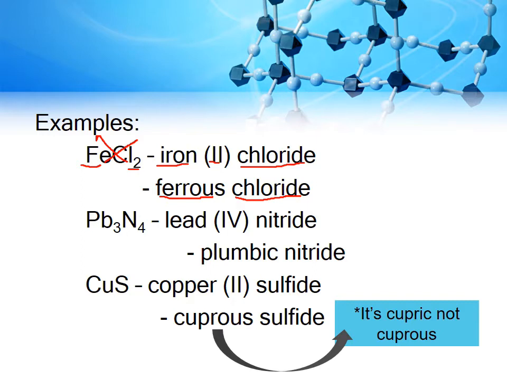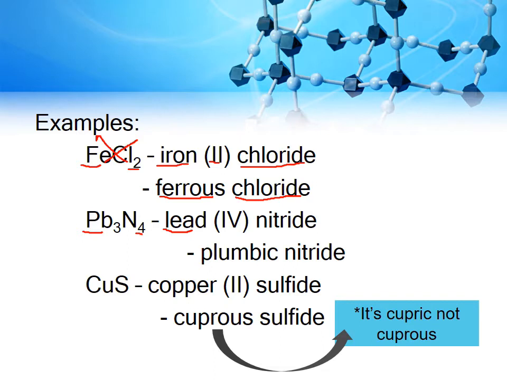Another example is Pb3N4. Again, according to the rule, we will give the name of the first element, which is lead, followed by the oxidation number used by this element written in Roman numerals and enclosed in parentheses. Again, in this case, the crossover of oxidation numbers between the two elements was already done.